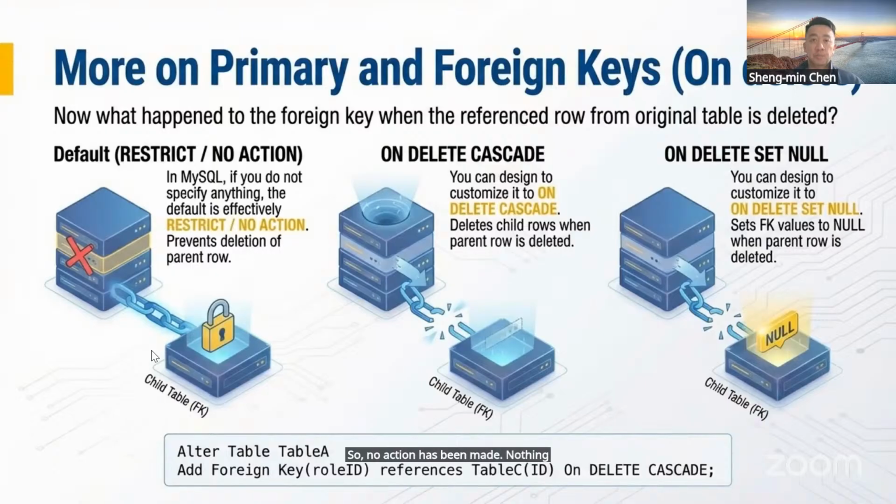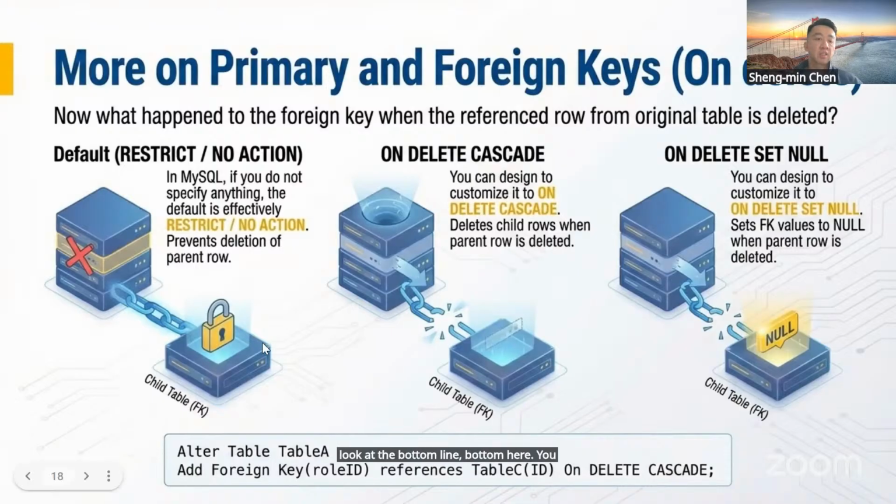Nothing has changed. Now, if you want to enforce that this is intentional and you are absolutely sure and you want to change this behavior, you can change it. Look at the bottom line here.